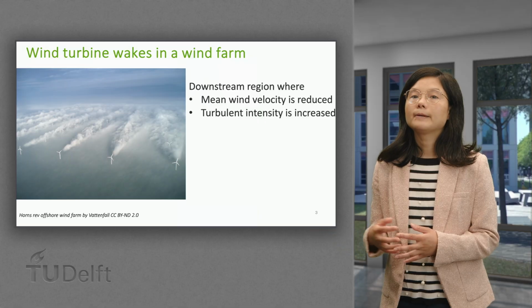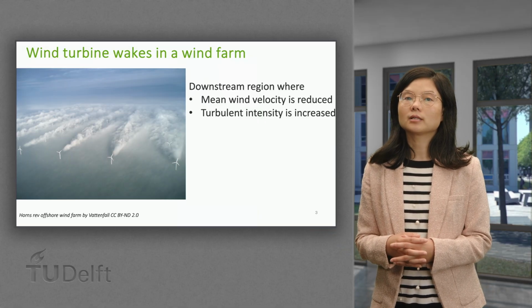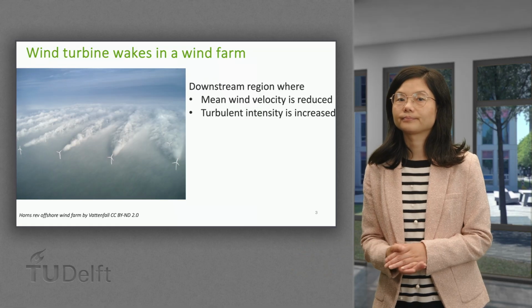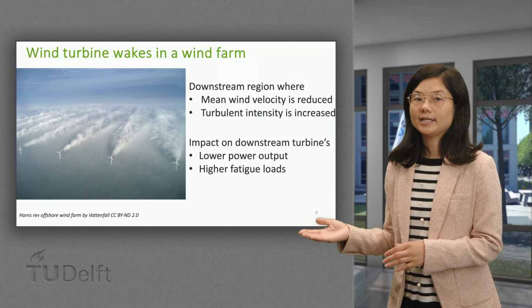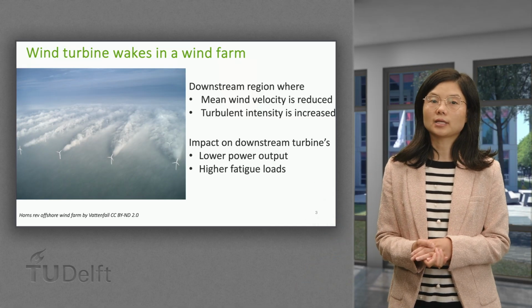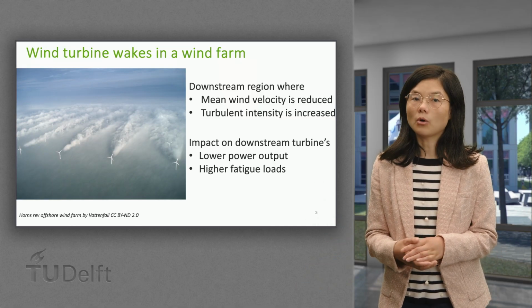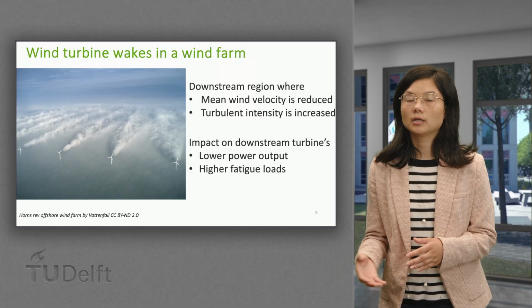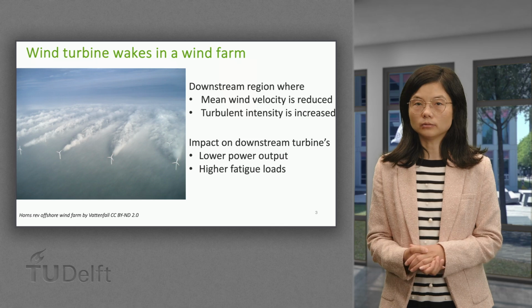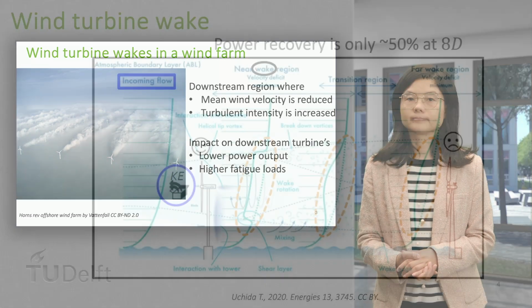As a result, the wake regions experience lower mean wind speed and higher turbulence intensity. This directly leads to decreased power output and increased fatigue loads on downstream turbines operating in the wake of others. This loss in efficiency caused by the wake is known as wake effect.